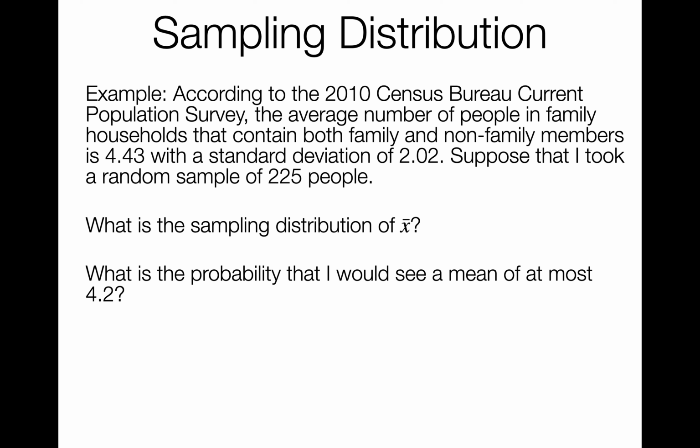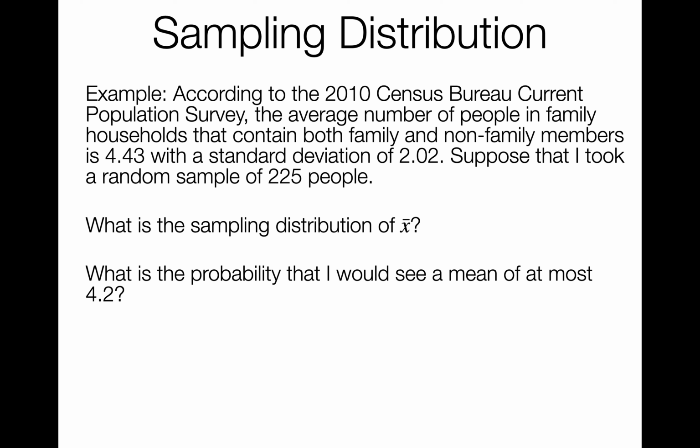The first one is when the population is normal. But nowhere in this example does it say that the average number of people in a family household that contains both family and non-family members is normal. It just gives you a mean and standard deviation.